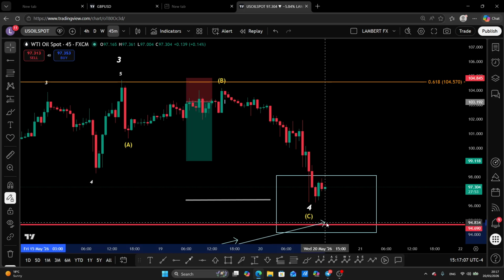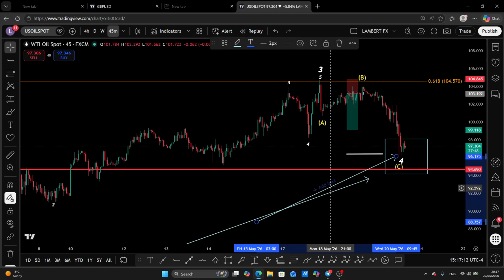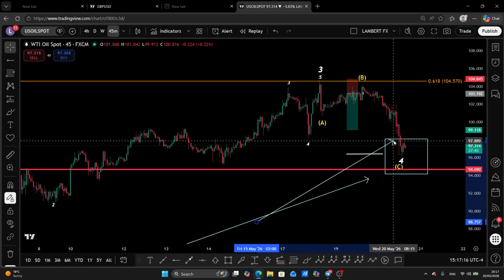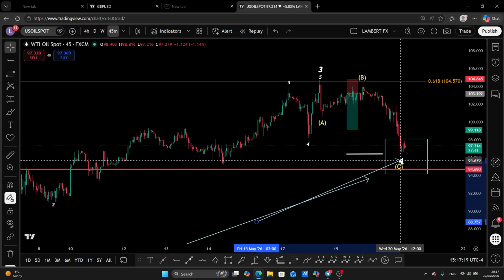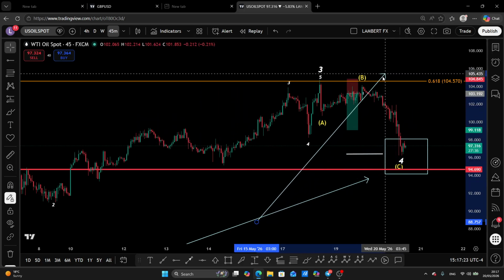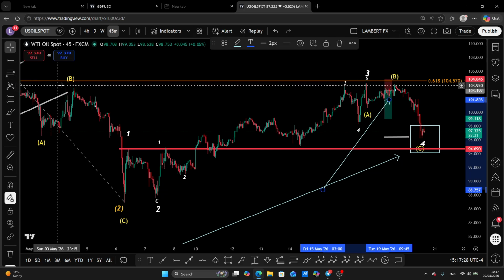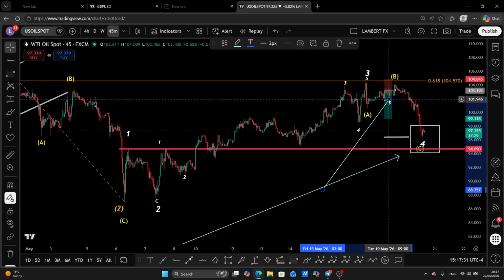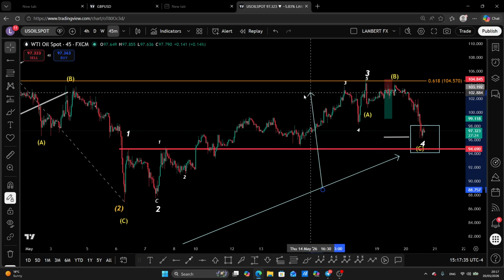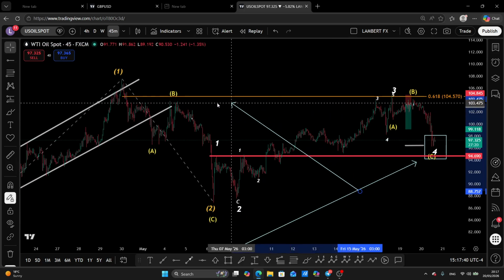Okay, so in terms of your targets, if you do get price action to go long, because if this is a 4, then we need to trade higher for 5. So basically we need to go above the B. We need to take out these highs here, and the highs of this one as well.